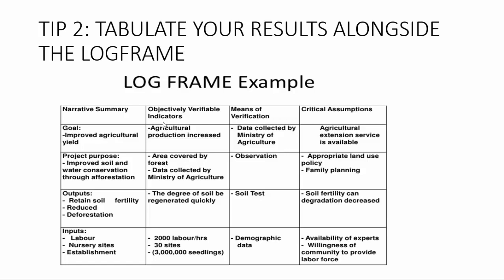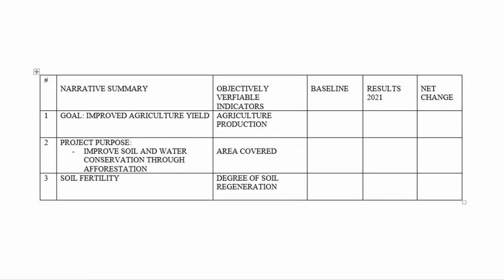Okay, so what I normally do is this is our log frame. What I normally do is that I'll copy this log frame, put it in the findings section, then only delete these 2 sections and replace these columns with results, baseline, and stuff like that. So what I'm actually saying is I'll do something like this. Okay.